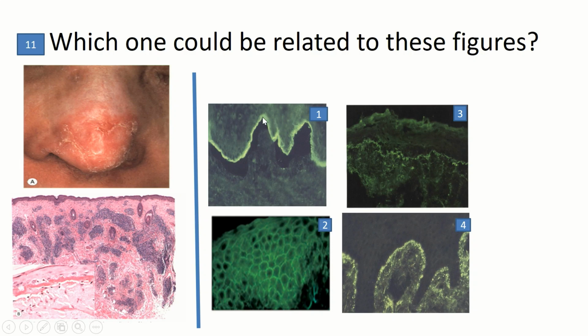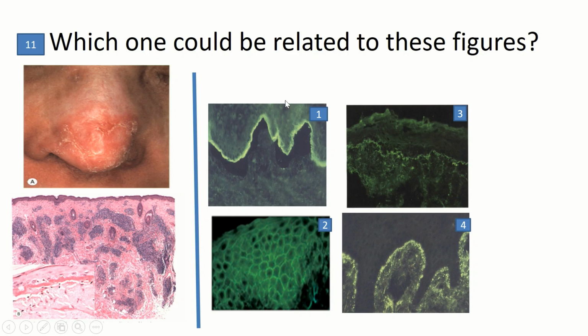In one, the roof is predominant, but in three, the floor is predominant. Here is subepidermal bulla formation with granular deposition, and here is intercellular configuration. So lupus erythematosus is compatible with subepidermal bullous formation with the predominance of the floor of the bulla. So the correct answer here is 3.